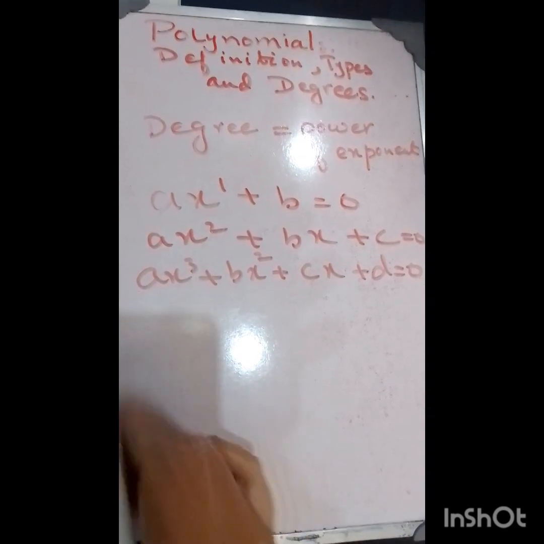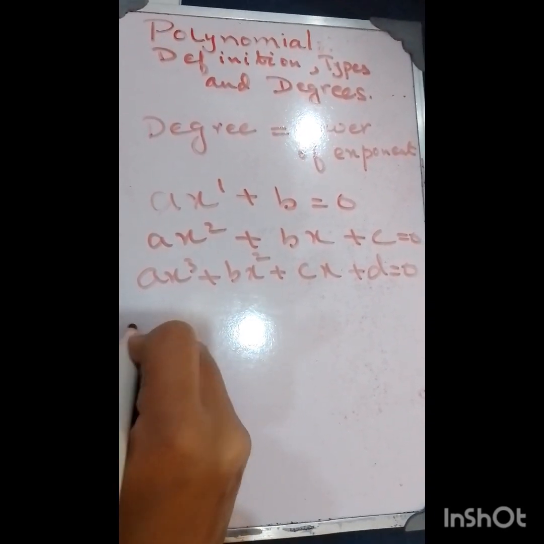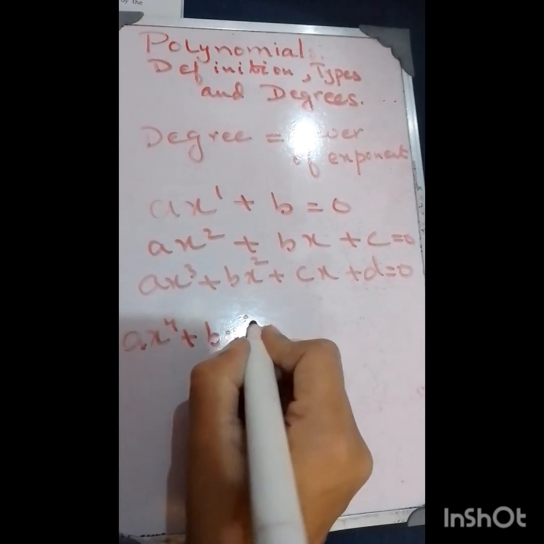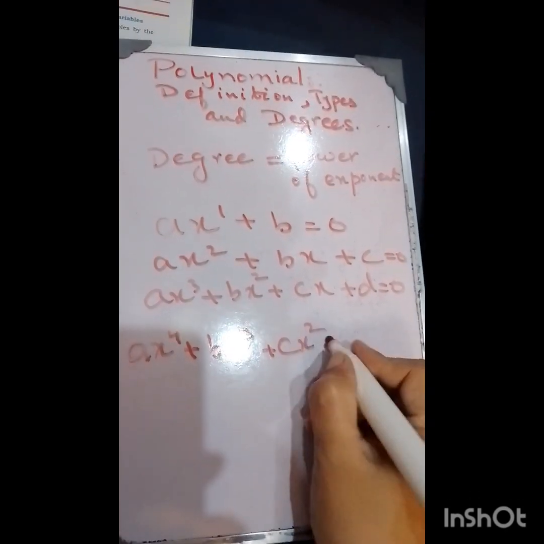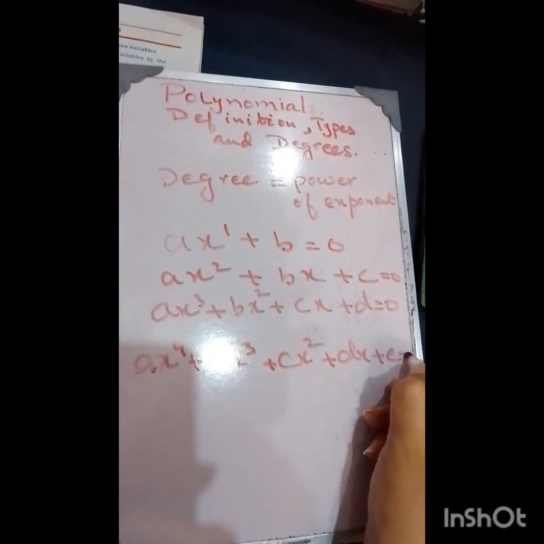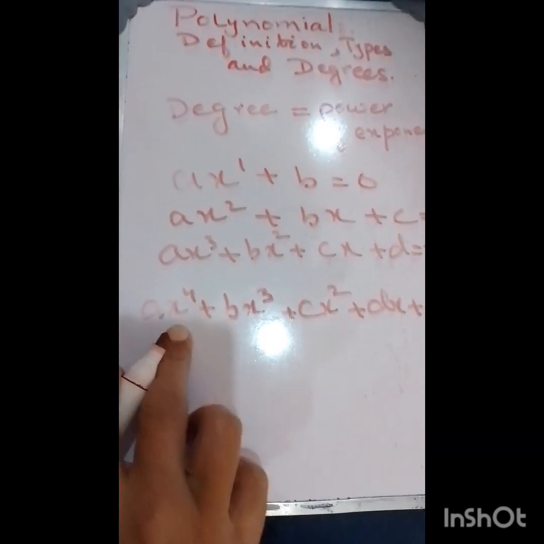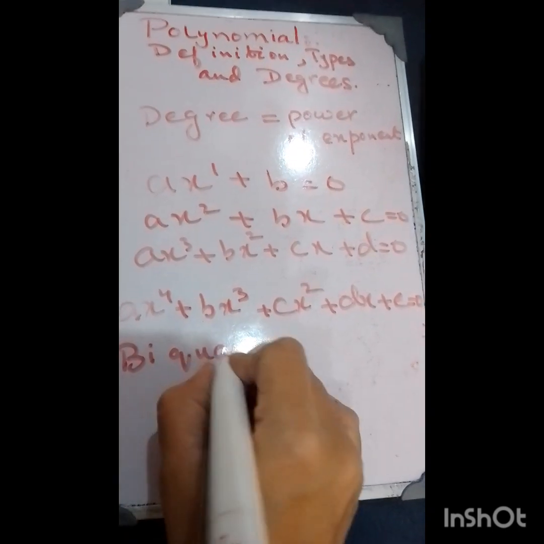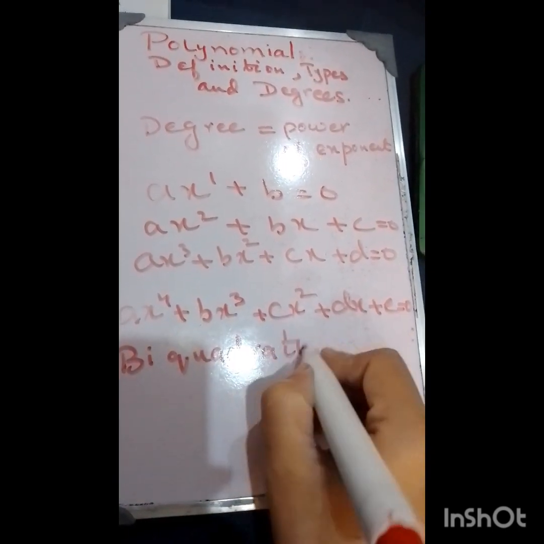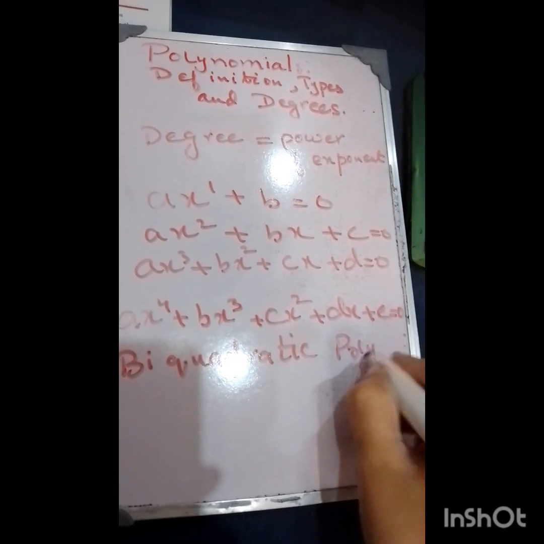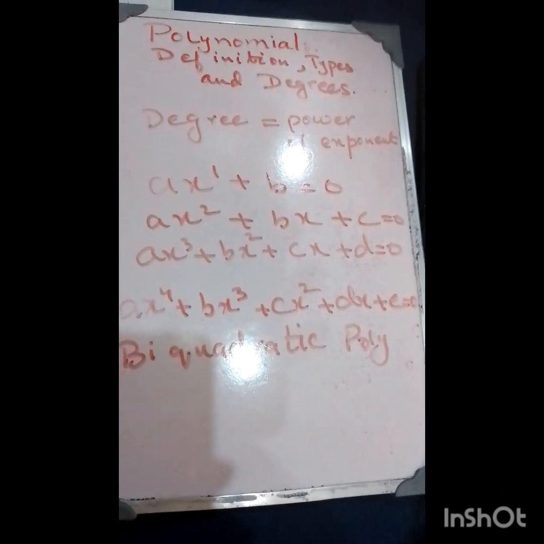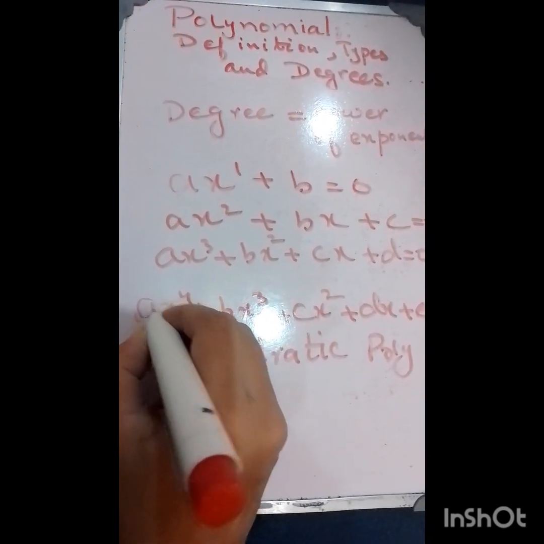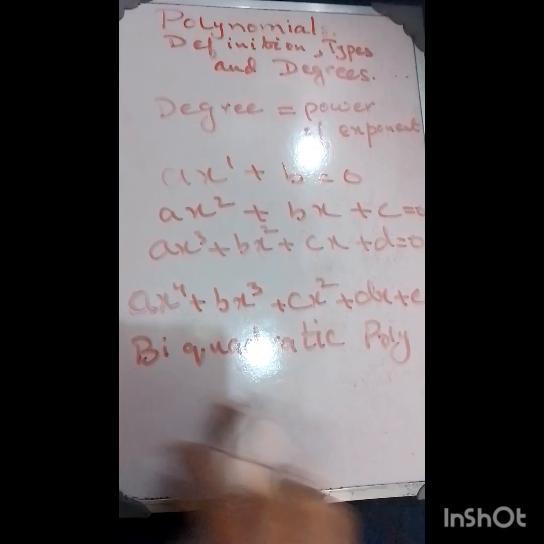And if we have, for suppose, ax4 plus bx cube plus cx square plus dx plus e equals 0, then it is said to be of power 4, and it is the biquadratic polynomial. These are the different types of polynomial with the degrees. So this is how we recognize them via degree. The fourth degree is the biquadratic.